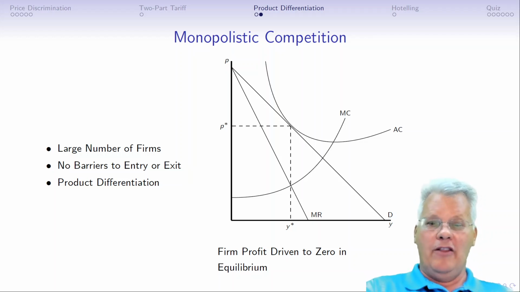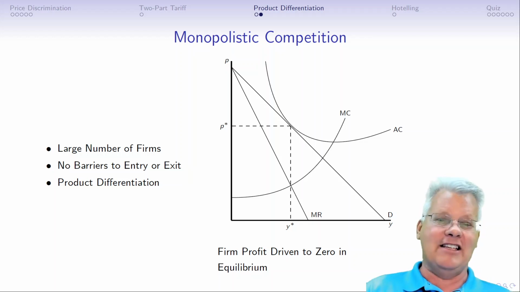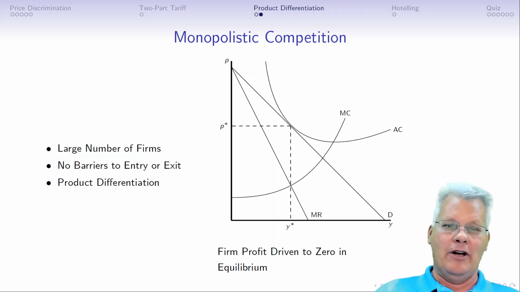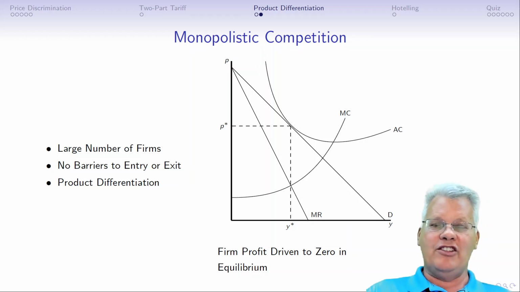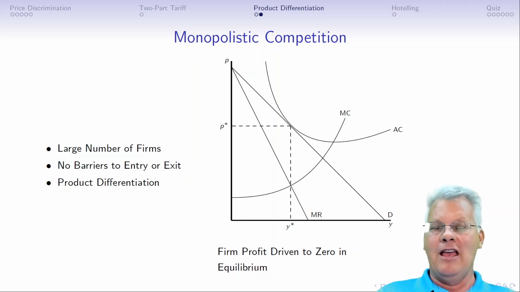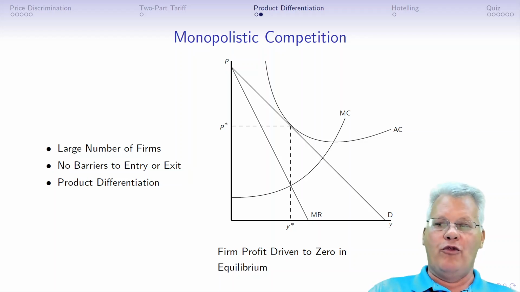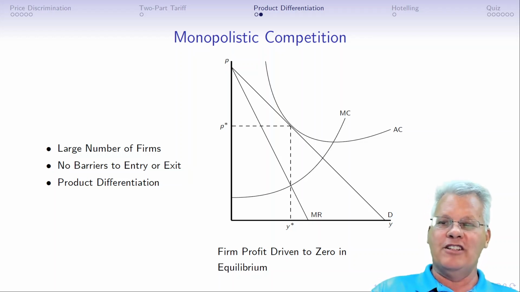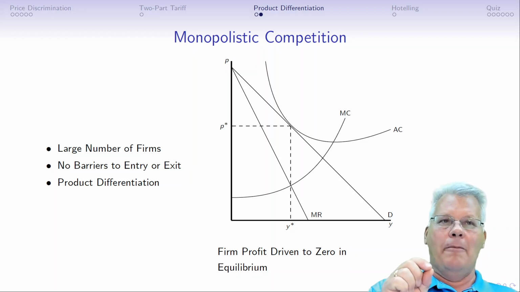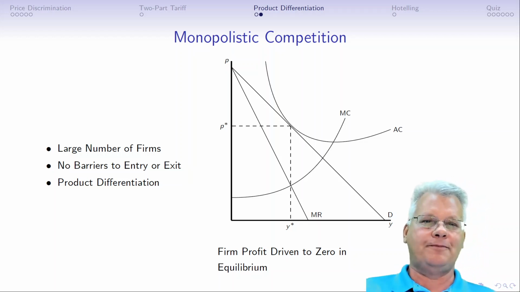So you get this diagram in the center of this slide. The firm chooses the quantity of output where marginal revenue equals marginal cost. They charge maximum willingness to pay, but entry into the market of closely related firms drives profits to zero.